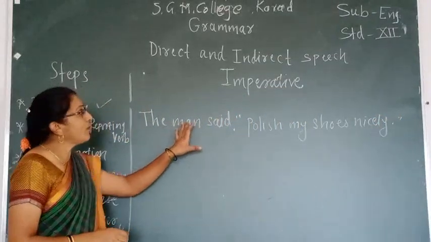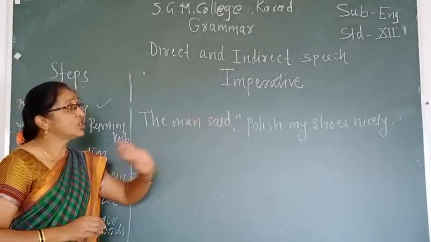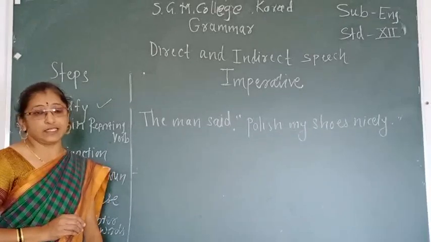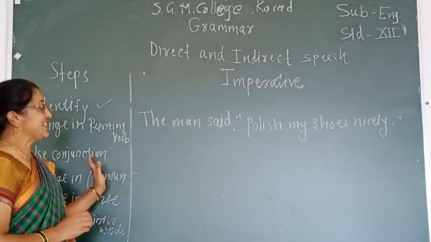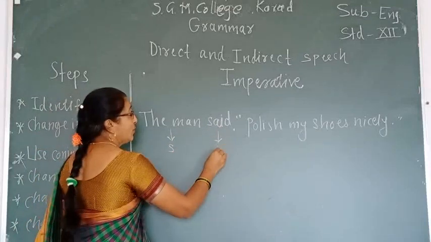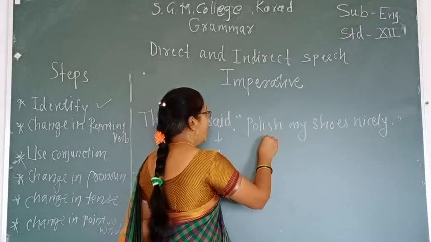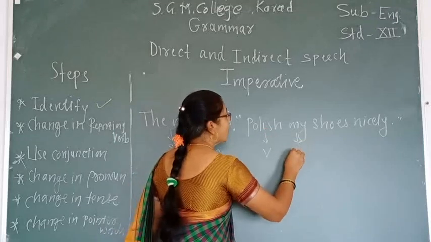This is an example of an imperative sentence. Our six steps here: first, the man here is the subject, said is the reporting verb, polish is the verb, and my is a first person pronoun.